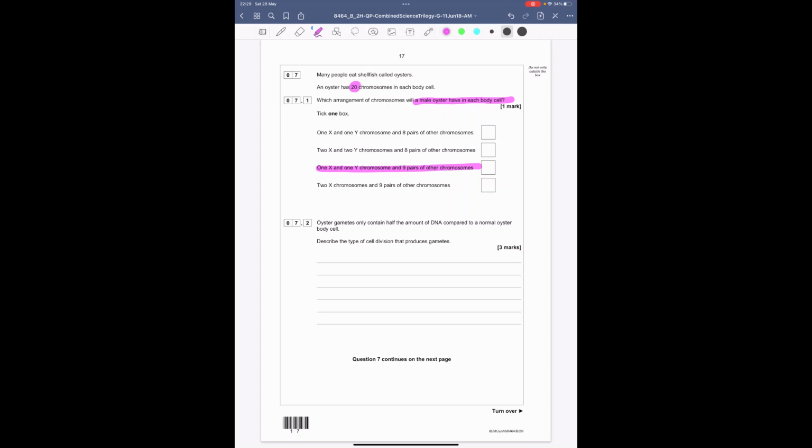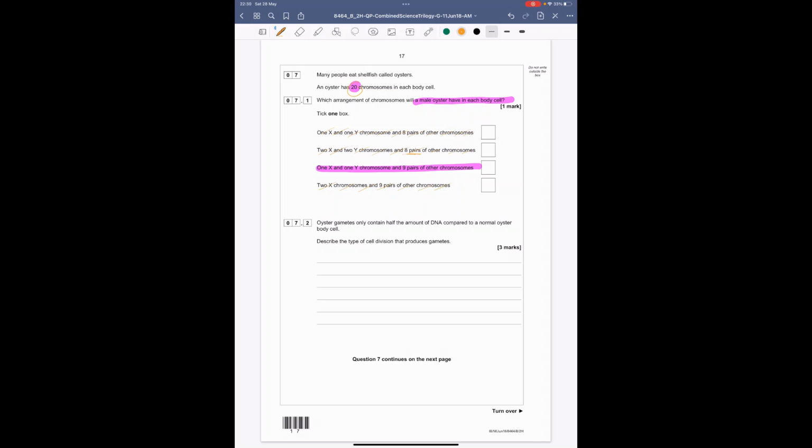The other ones, so definitely can't have 2X chromosomes because that would be female. 2X and 2Y chromosomes and then 8 pairs, well that would give you too many chromosomes because they've only got 20. And if you had 1X and 1Y and 8 pairs of other chromosomes, that wouldn't give you enough.